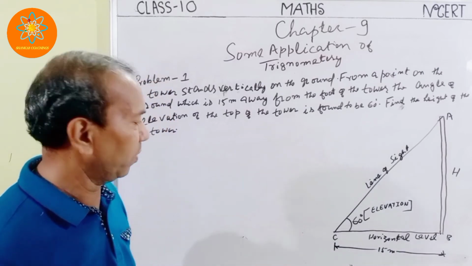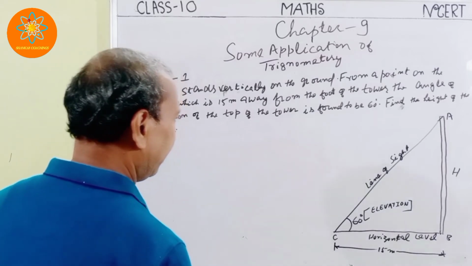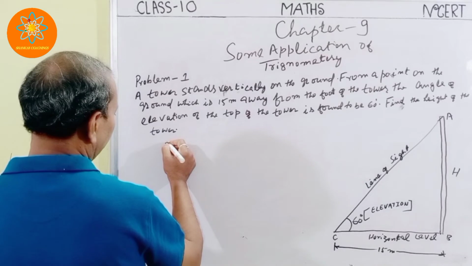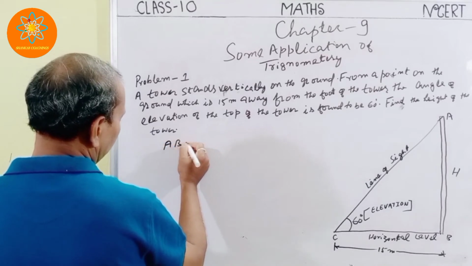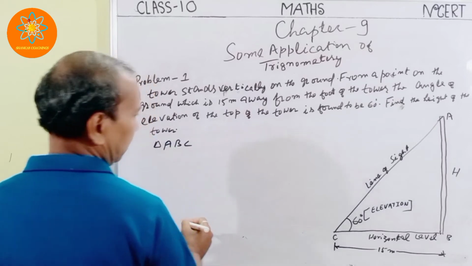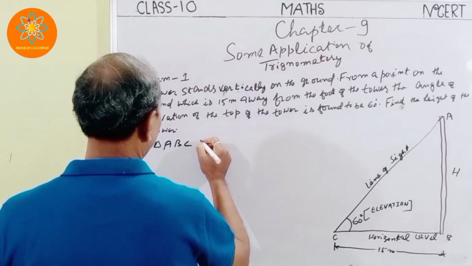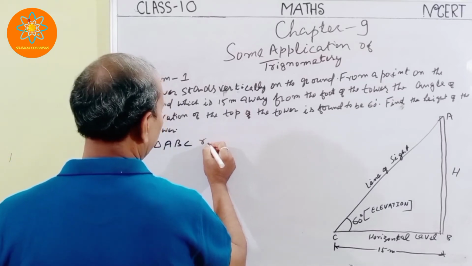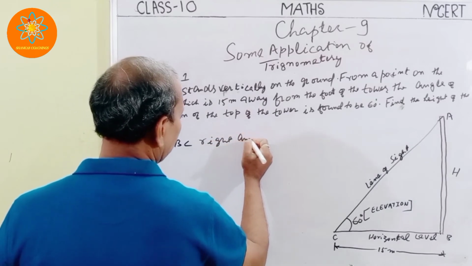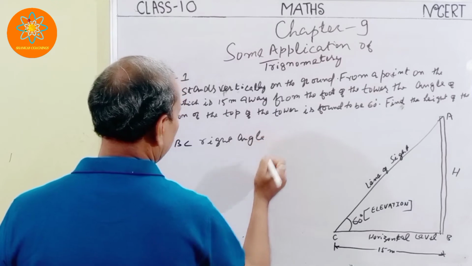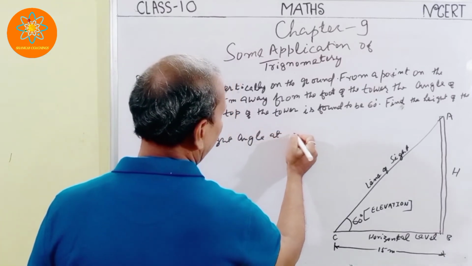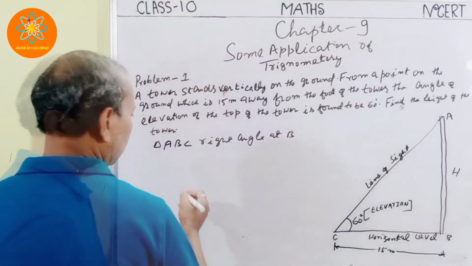So I can say from this diagram, ABC is the right angle triangle. This triangle ABC, this is your right angle at B.